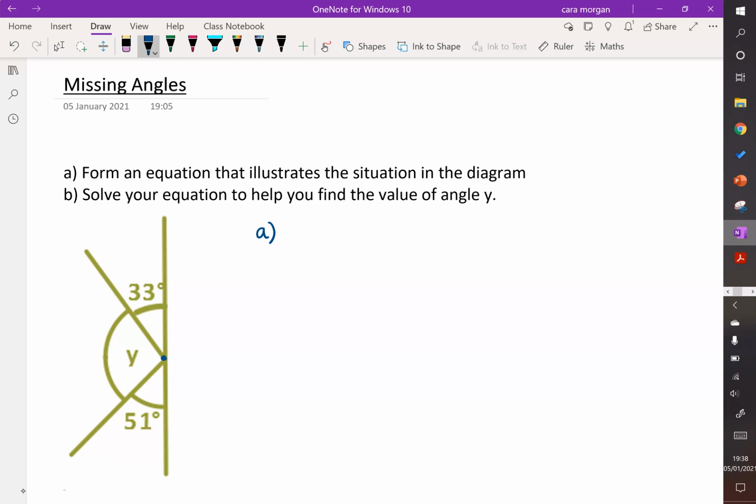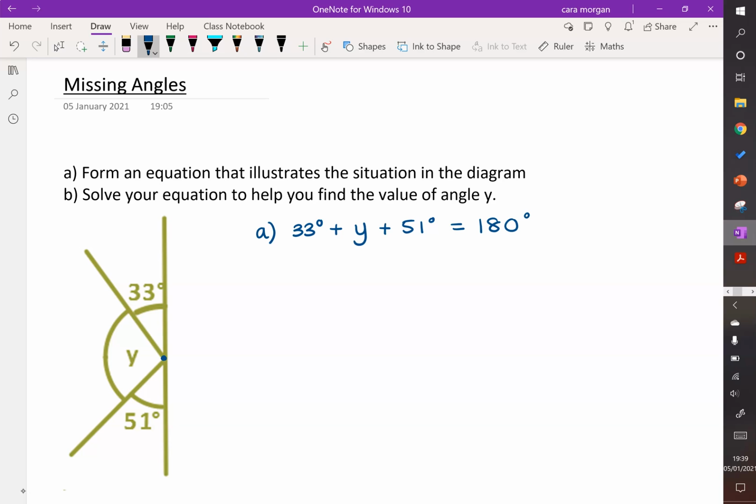Right, so when I look at this, I think to myself, I always know that the angles on a straight line at a particular point always add up to 180 degrees. That helps me write down that 33 degrees add y, add 51 degrees must all add to make 180 degrees.